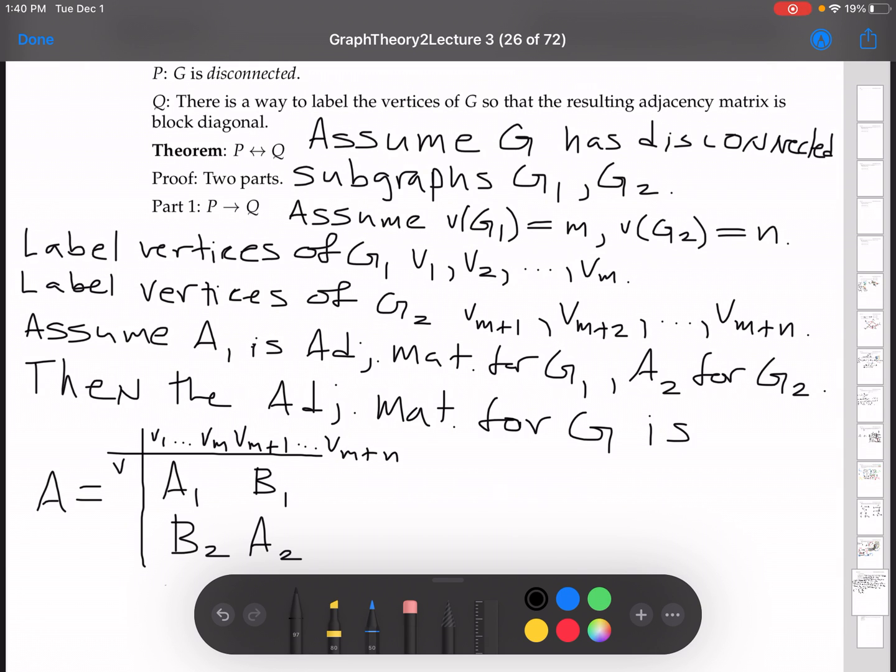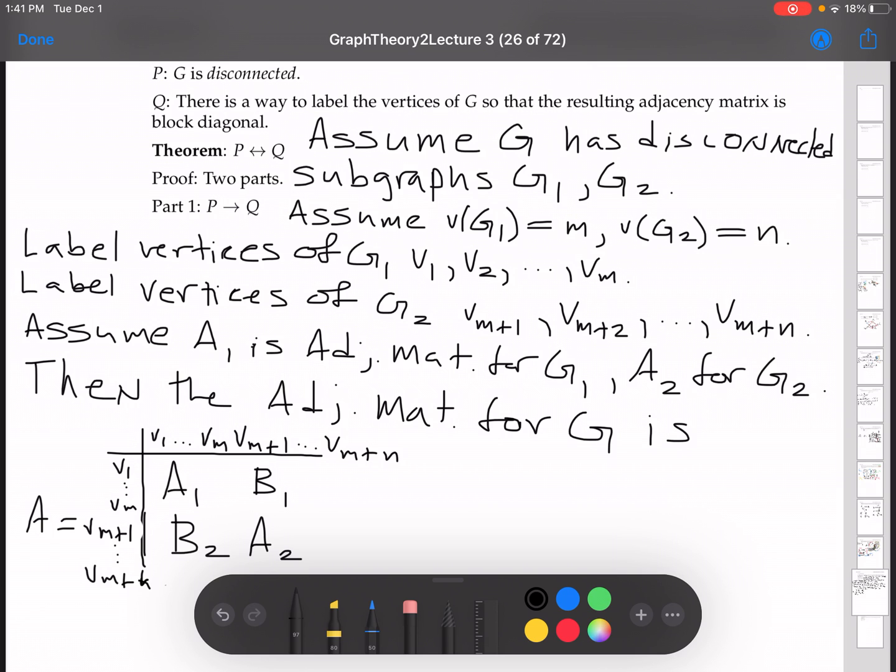Here we'd have V1 through Vm, and it's the adjacency matrix A. So A1 has all of the edge information for G1, and that all happens with vertices V1 to Vm.